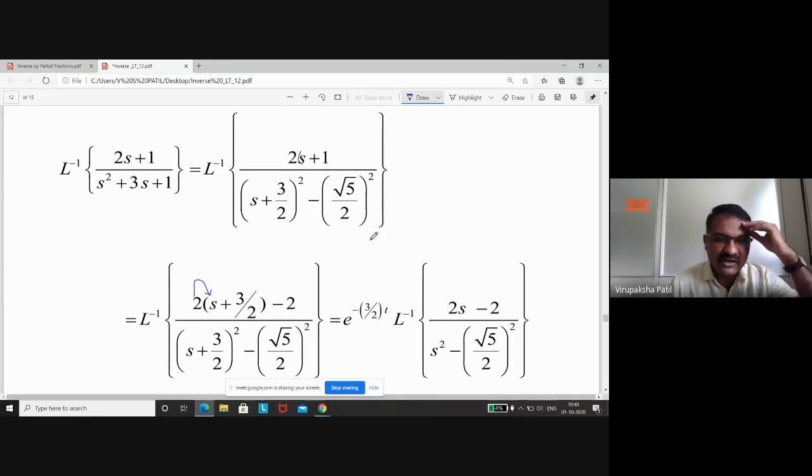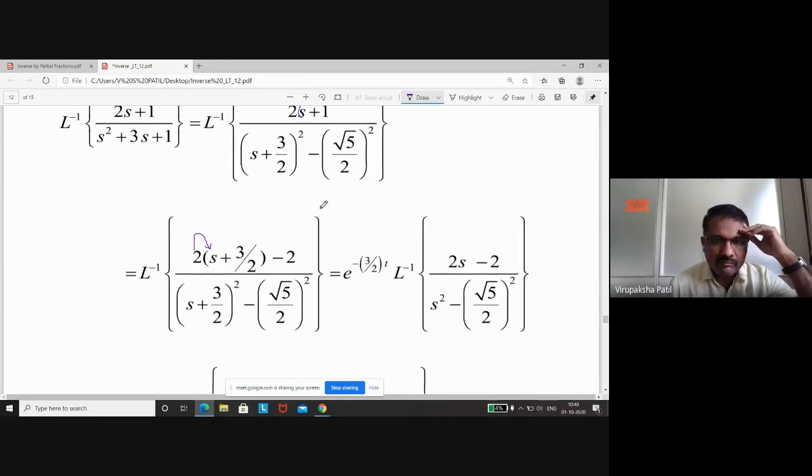Hope all of you are understanding. Now the denominator part is as it is. Now see, don't worry about this constant term and this constant term. Now you have to concentrate on s terms here. In place of s in the numerator, you are having s plus 3 by 2. In the denominator also, in place of s, you are having s plus 3 by 2.